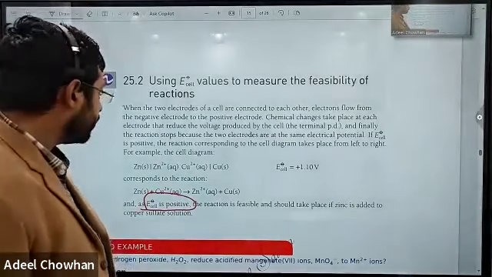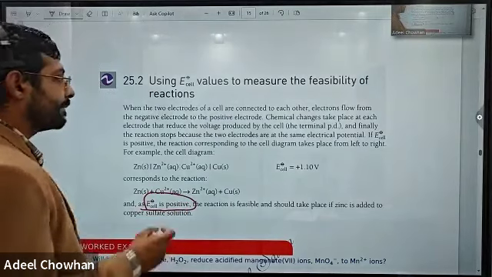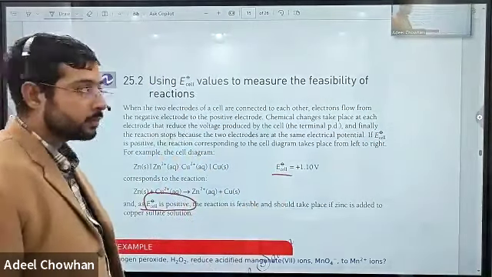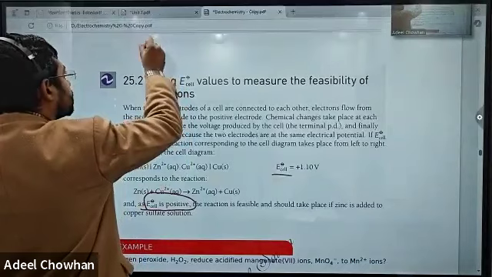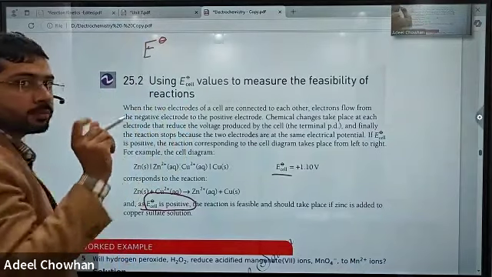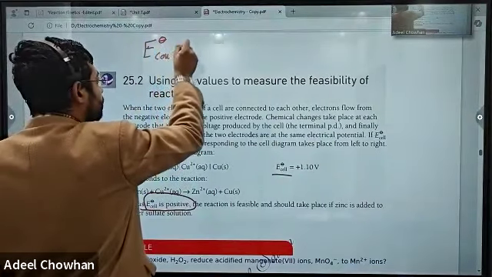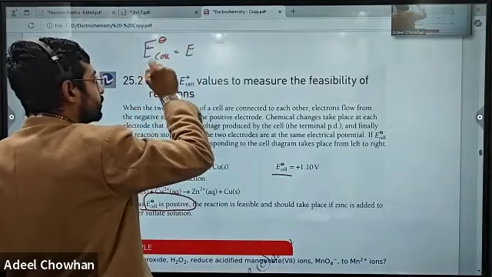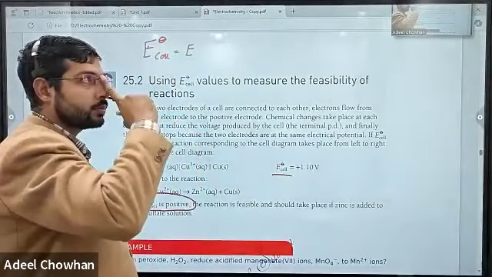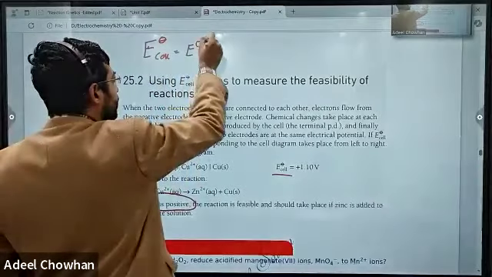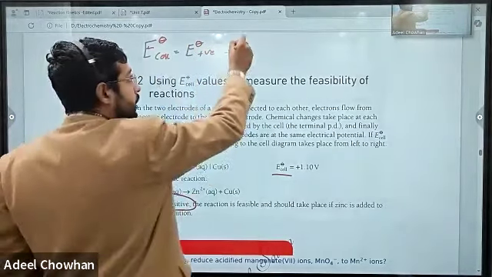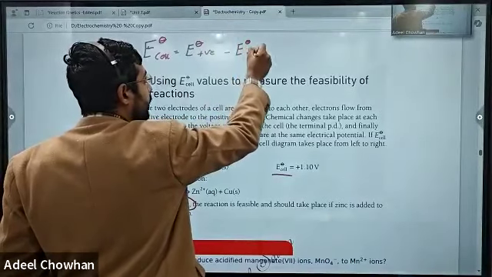Now, how do we calculate the E naught cell? How do we find the value of the E naught cell? Very good. E positive minus E negative.